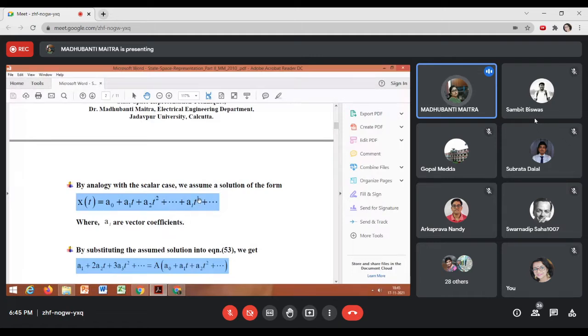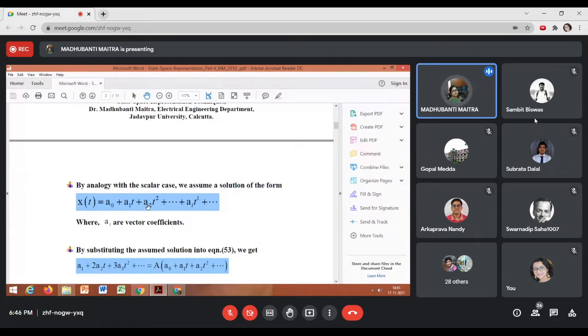Please correct this one. It will be ai t to the power i. Please note that all these coefficients a0, a1, a2, ai are vector coefficients. So a0, a1, a2 are all column vectors having a dimension n by 1, right?